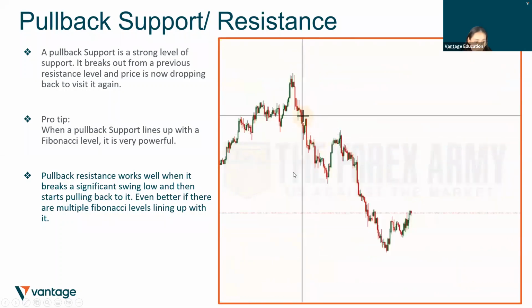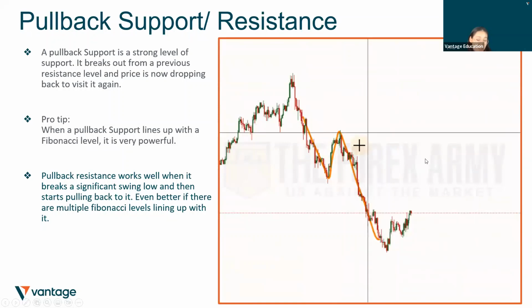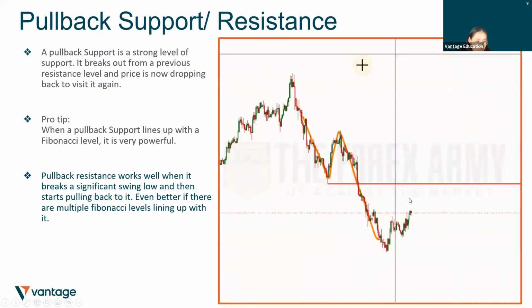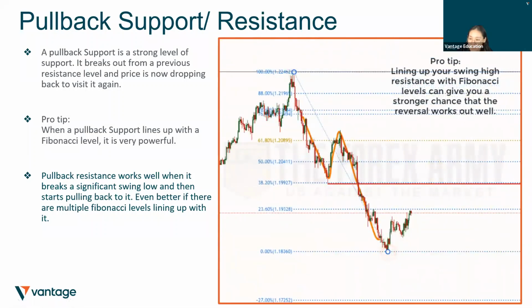Because of this confluence area, as we call it, price is likely to bounce off of it as well, which you can see is what happened in this clip here. I'll just let it replay so you can see what I'm talking about.